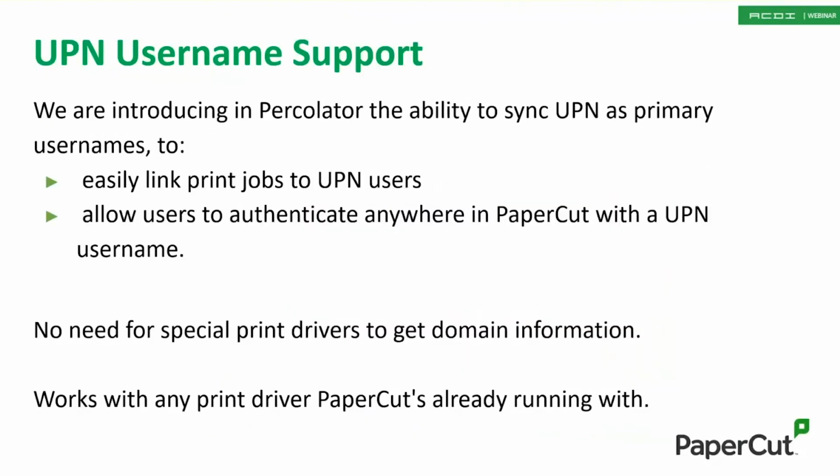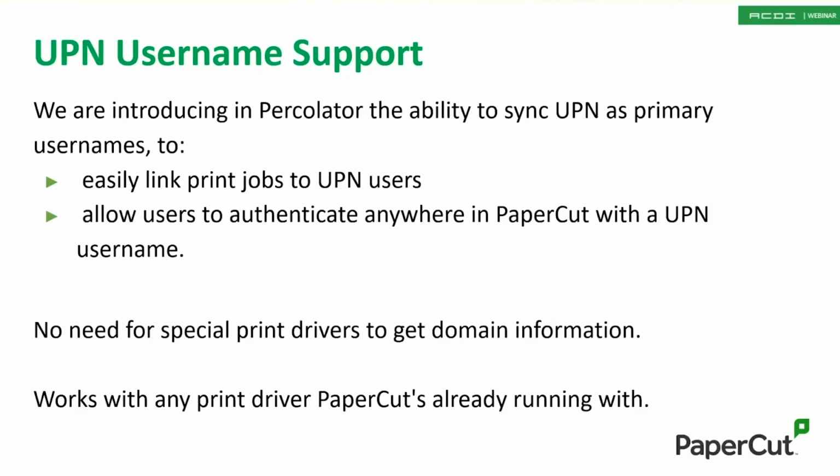In the percolator now, the ability to sync UPN as a primary name. UPN, user principal name, looks like an email address. So it's a username with an @ symbol and then the domain name. This way, the user gets uniquely identified when the domain name is appended, and a user is able to log in anywhere with their UPN.